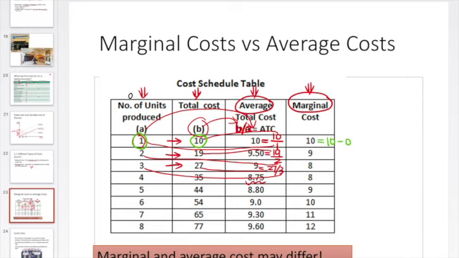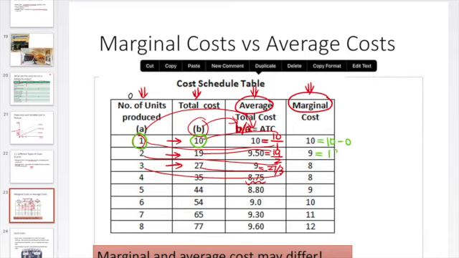If you already produced 1 item and you want to produce another additional one, which is the second item, what is the marginal cost? That's going to be the total cost of producing the 2 items, which is 19, minus the total cost to produce the first item, which is 10.